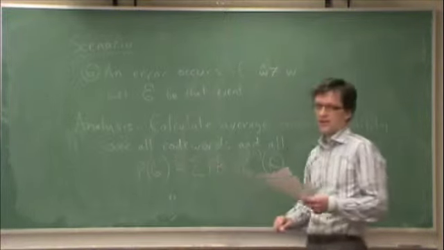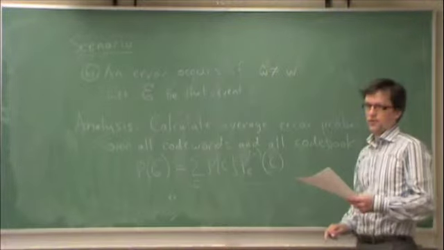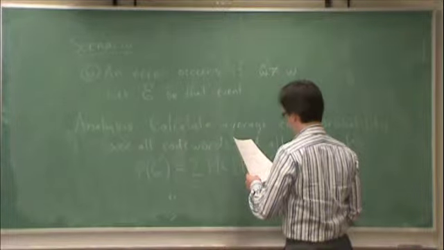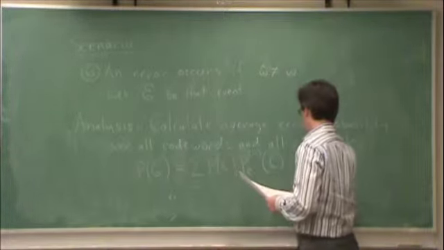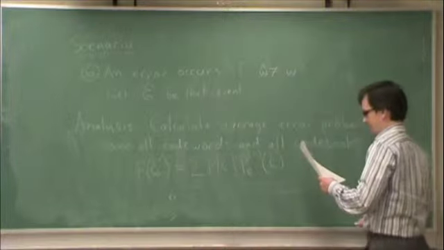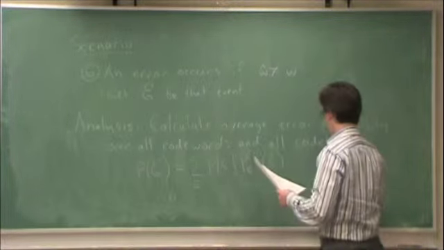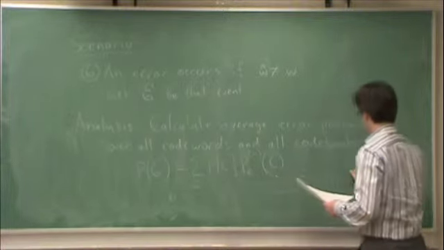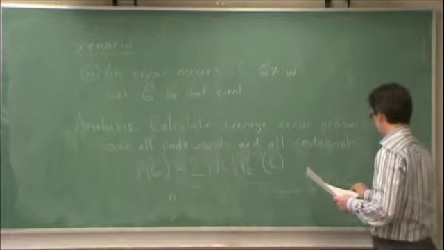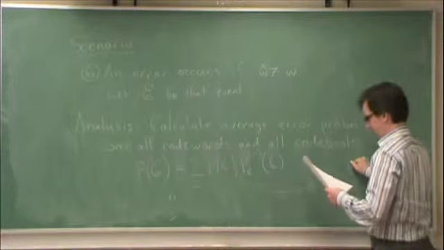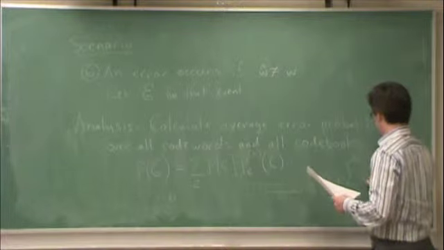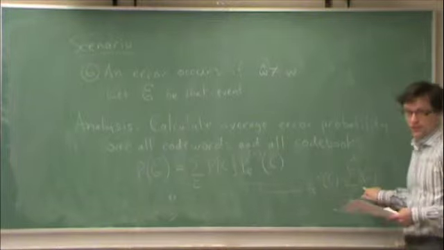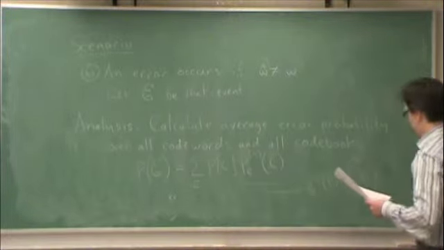So remember this notation: the average probability of error of a code book is the sum over all messages of the probability of that message times the probability of error given that message, and we gave a particular name to that.